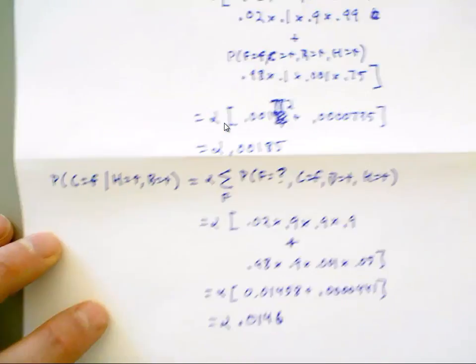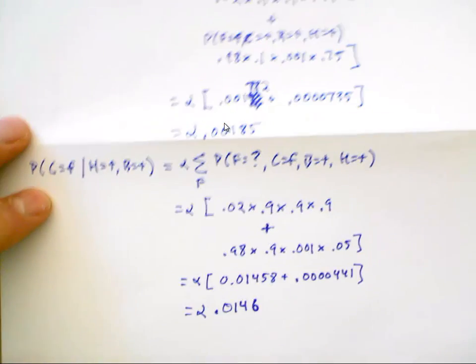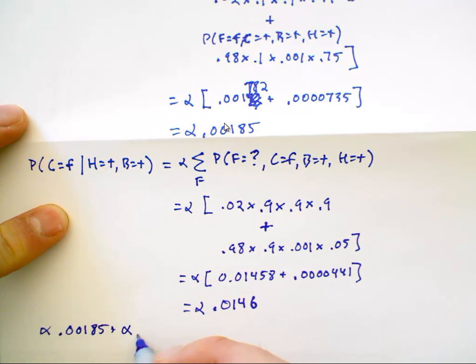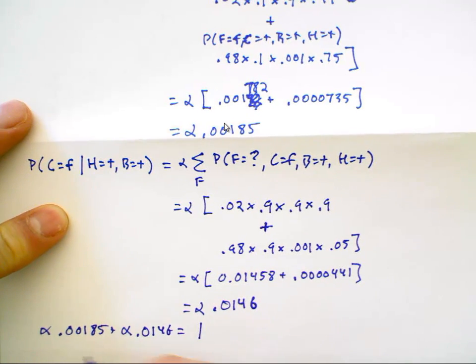Okay, so now we know. We look at both cases and we say, aha, alpha times 0.00185 plus alpha times 0.0146 is supposed to equal 1.